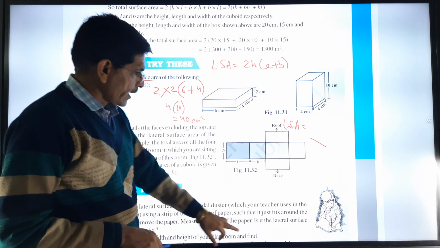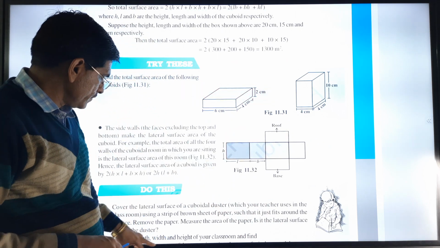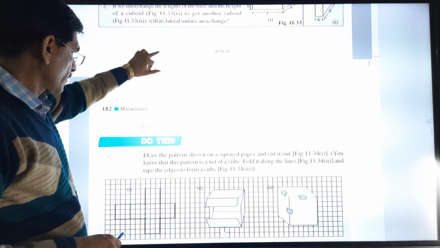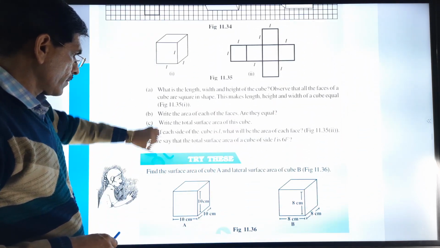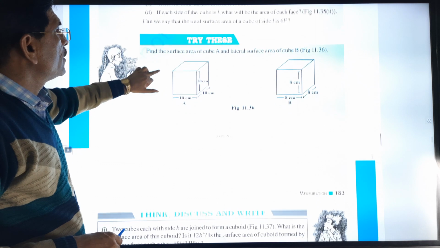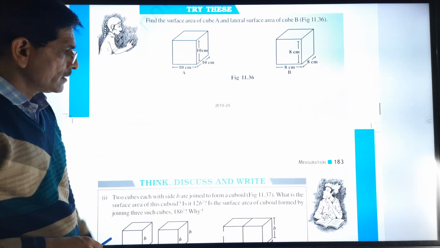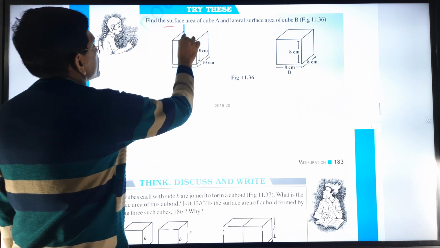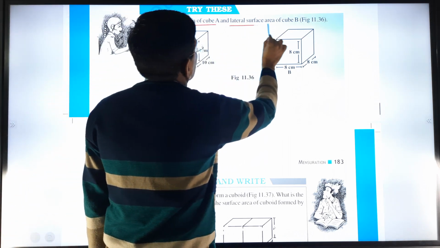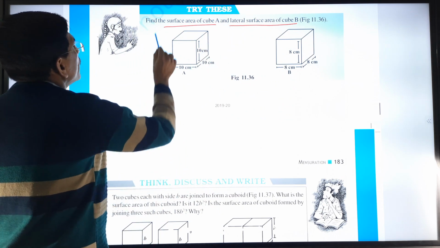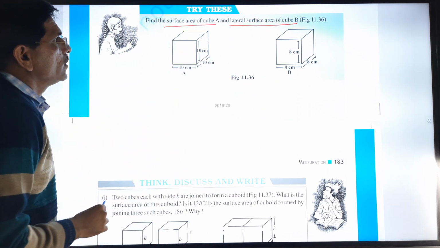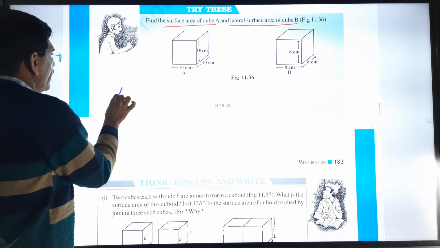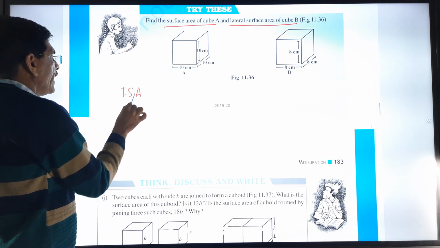Chalo. So now we go for the next sum. Here two cubes are given, and we have to find the surface area of cube A and the lateral surface area of cube B. Every time with a cube, we have to find the TSA and the LSA.